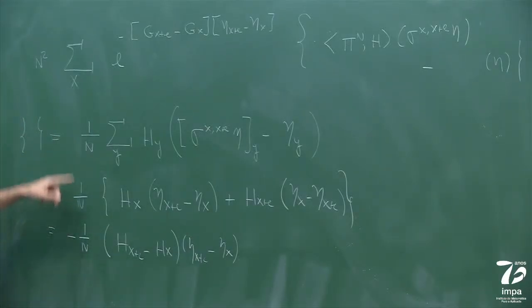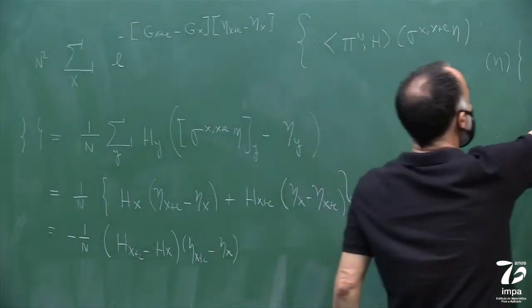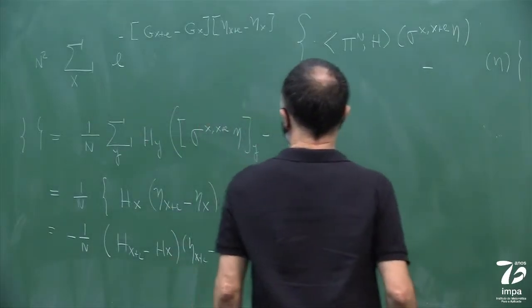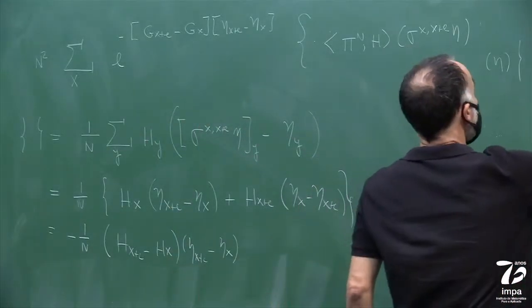So I'll just rewrite this expression. It's equal, we have a minus and 1 over n, so that becomes minus n.